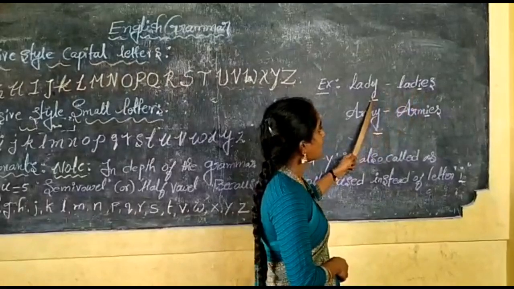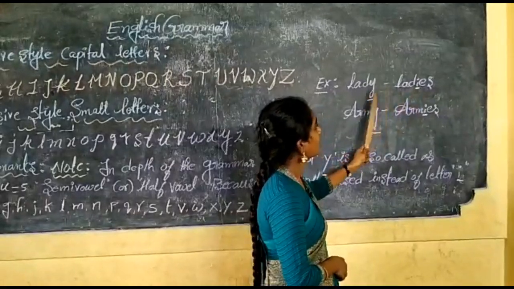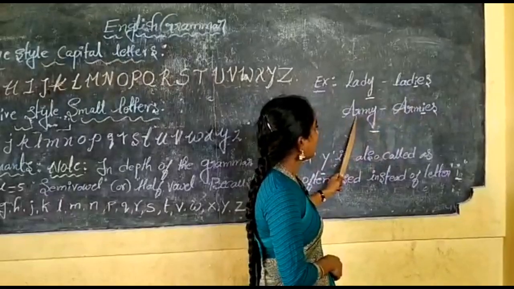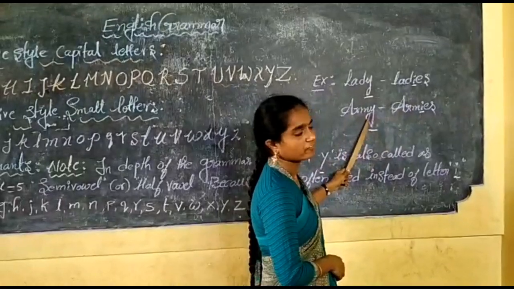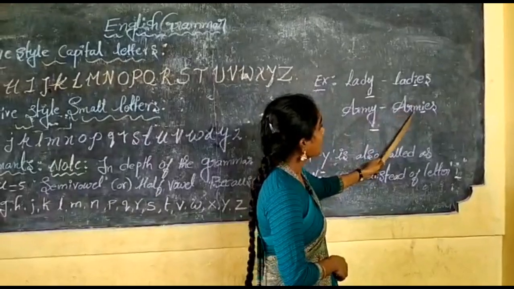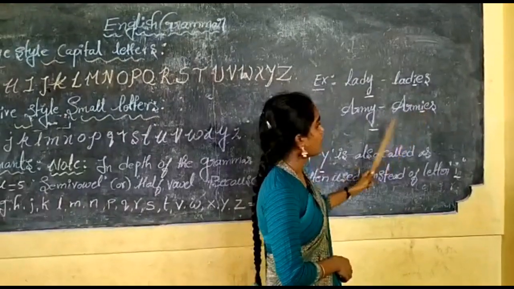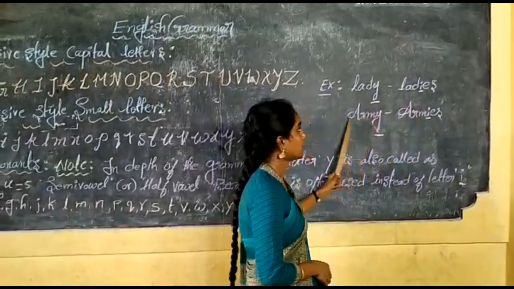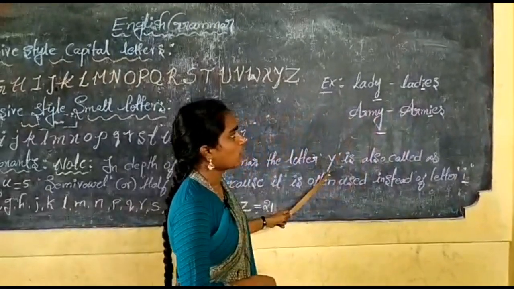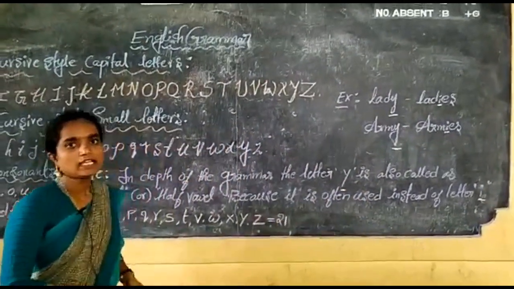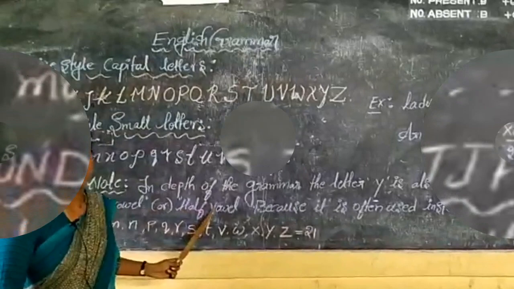See, Y is changed into letter I. Next one is army, A-R-M-Y, but armies, A-R-M-I-E-S. Y is changed into letter I. This is the depth of the grammar. Okay, these are vowels and consonants.